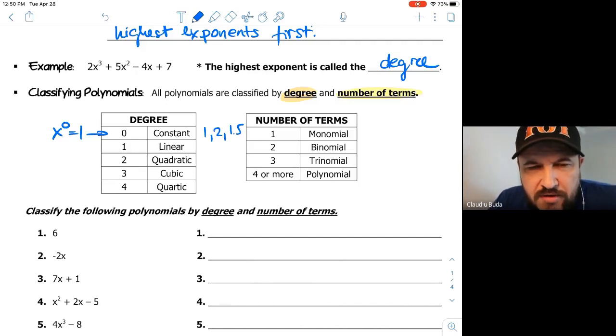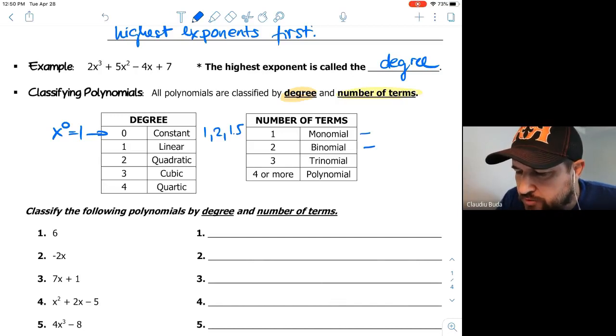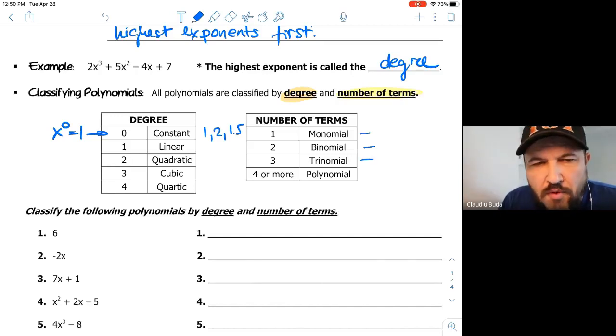Now, number of terms. When you have only one term, that is what we call a monomial. When you have 2 terms, it's a binomial. And when you have 3 terms, it's a trinomial. And 4 or more, we just call it polynomial.